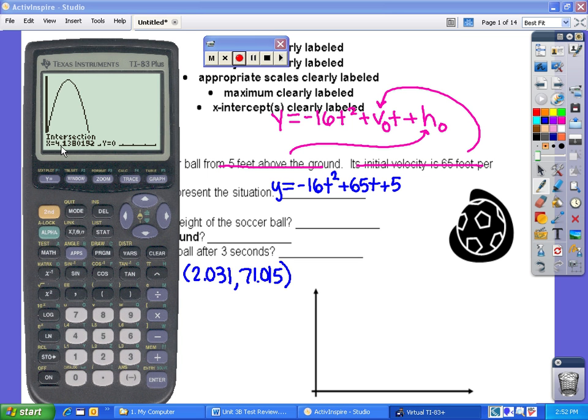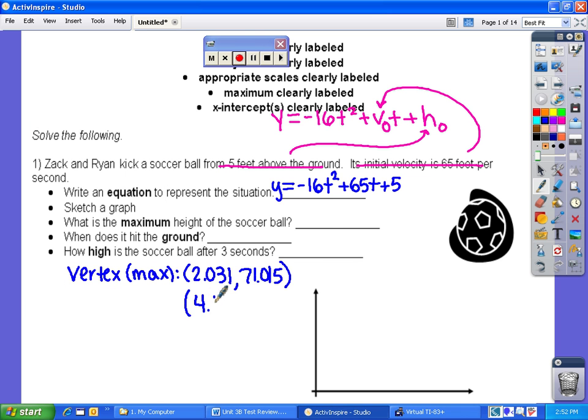And there it is. It's an intersection of the x-axis and your curve at 4.138. We call that our x-intercept, or when it hits the ground.